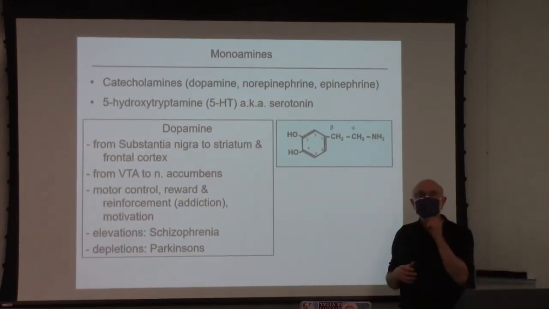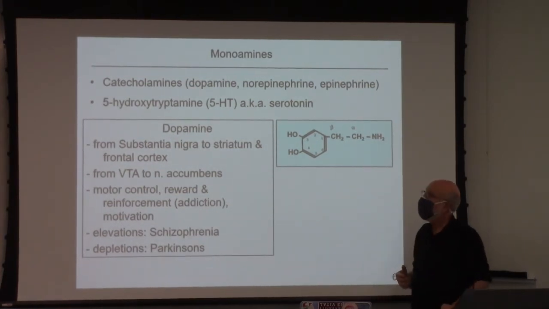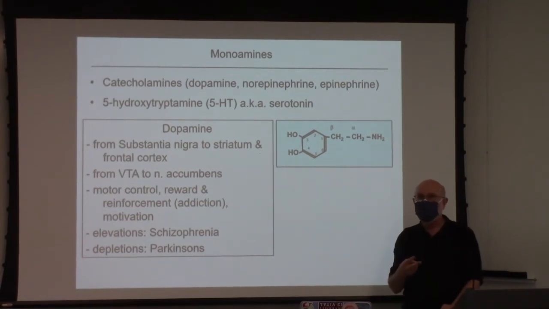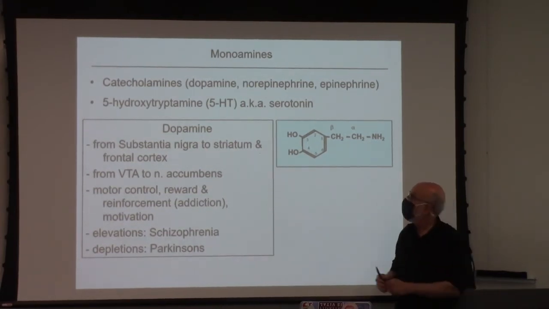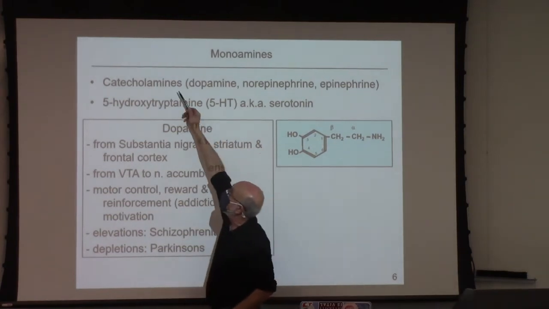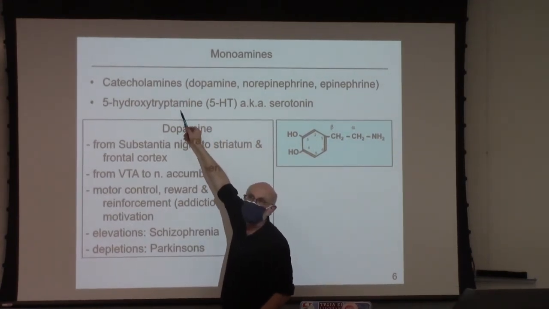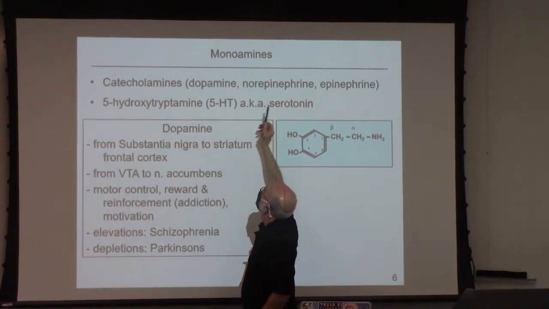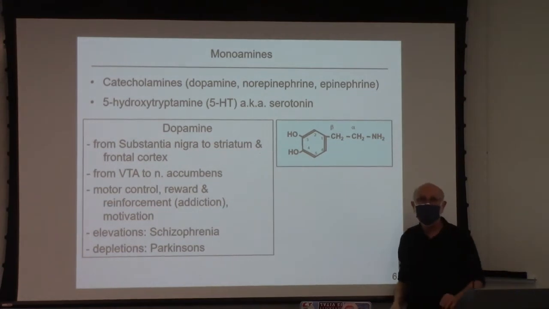Now we're going to transition to another class of neurotransmitters, the monoamines. And there are two types, so I'm introducing the language of these neurotransmitters. There are two types of monoamines: the catecholamines, and serotonin. The catecholamines are dopamine, norepinephrine, and epinephrine.